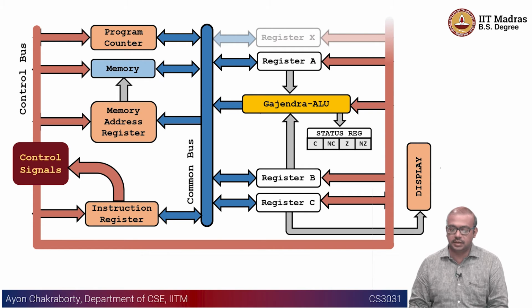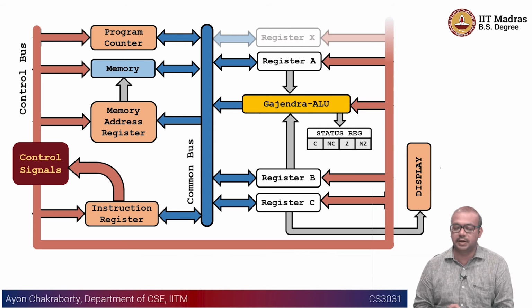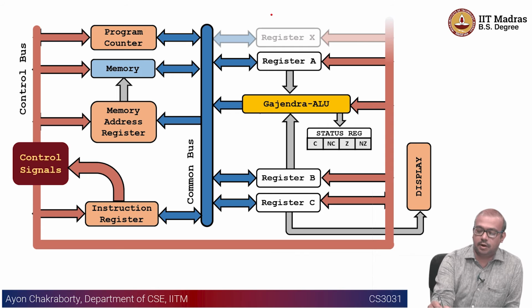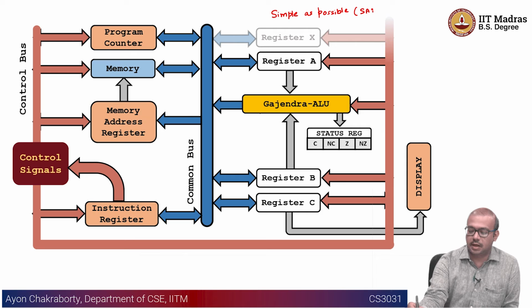And just for your reference, I want to mention, although it's not going to be exactly equal, it is going to closely resemble a textbook architecture which is called the simple as possible computer, or SAP, which basically means it's a very simple architecture.